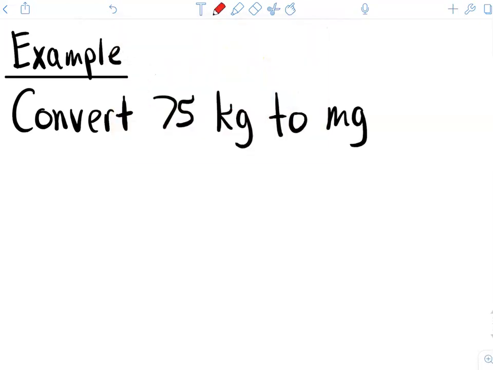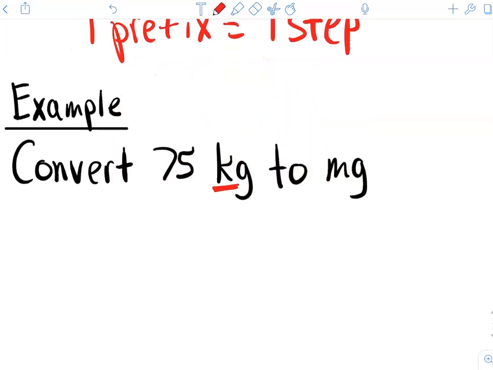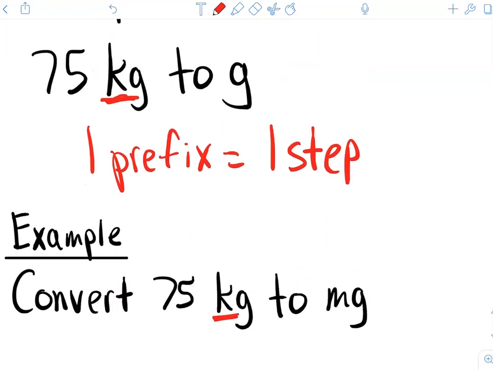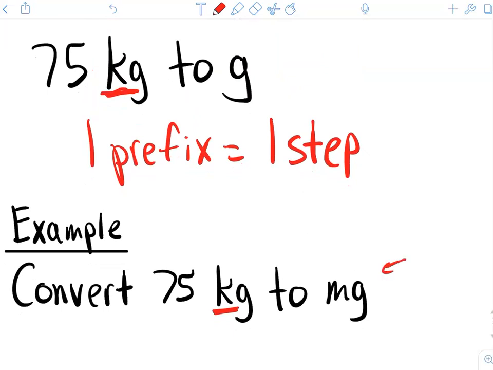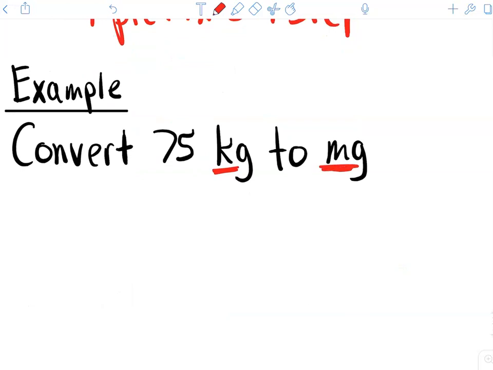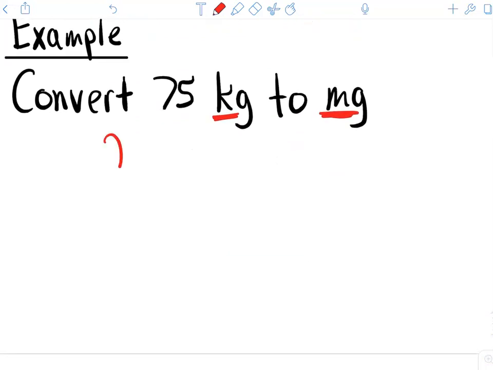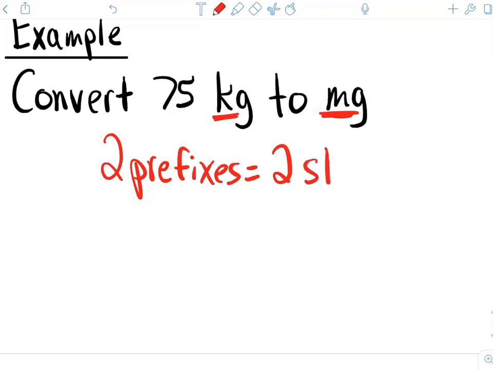Well, now I still have the K in front of the gram, but what is different with this problem compared to the one above is that I now have a prefix of milli. So, because I have two prefixes, that means that this is a two-step problem.